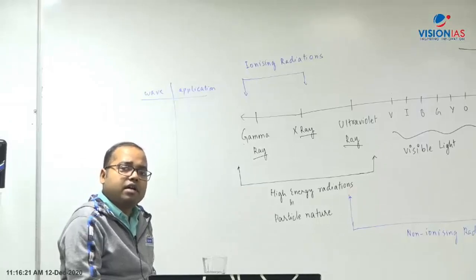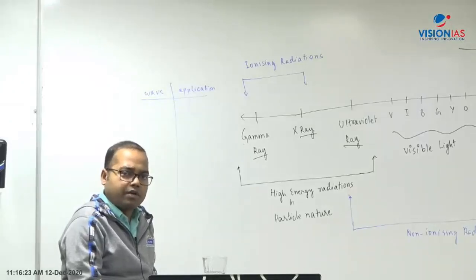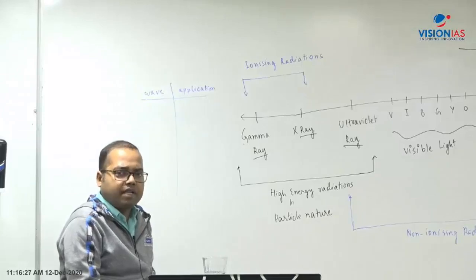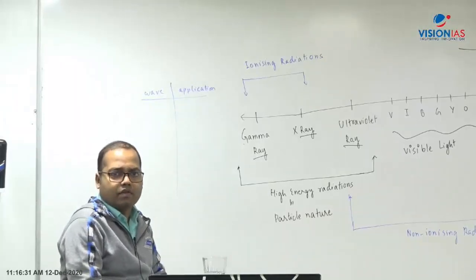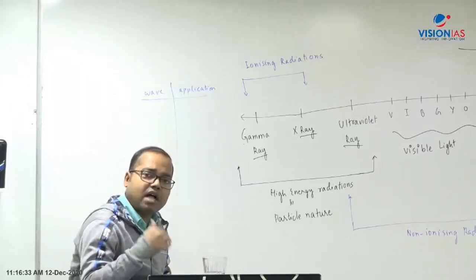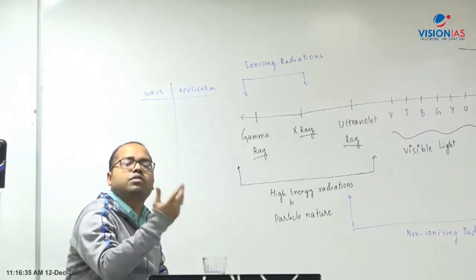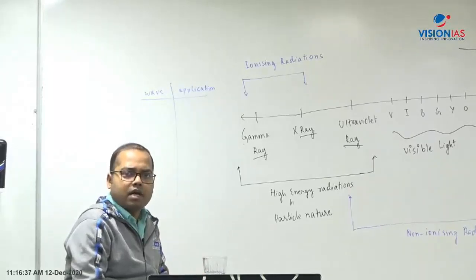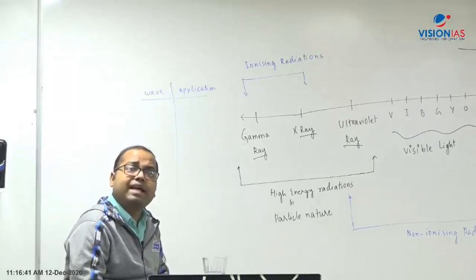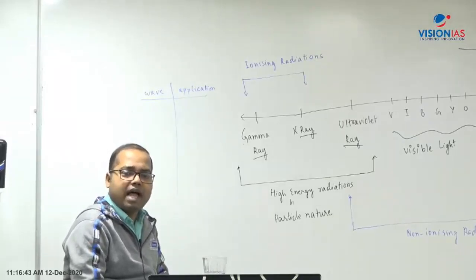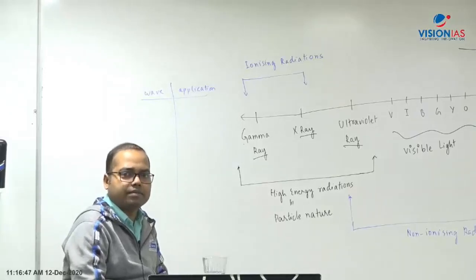Whenever microwaves come in contact with water molecules, they vibrate them. Vibrate means they transfer their energy to the water molecules. Because of this transfer, water molecules get heated and cooking of food is supplemented.